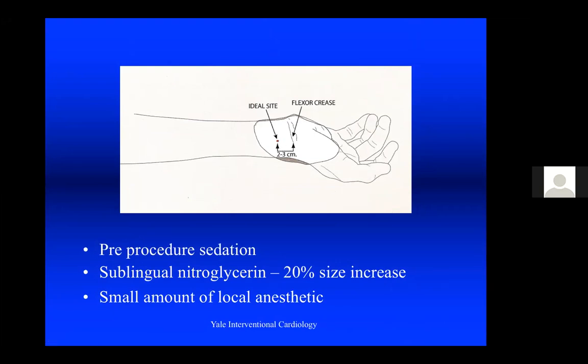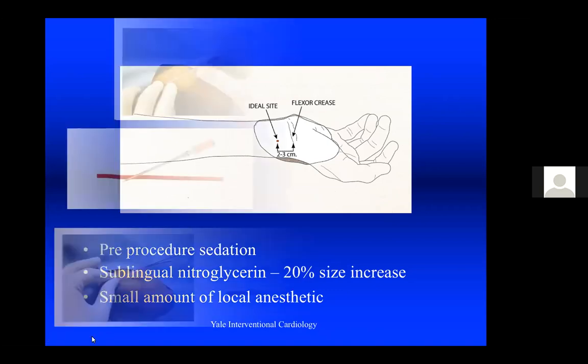It's fixed in space because there's a bone underneath it, and it won't move left to right at all either. As you go more proximal, it moves away from the bone and it becomes more mobile, and it's harder and harder to access the radial as you go towards the elbow. So 2 centimeters from the major flexor crease is really the sweet spot in most patients.